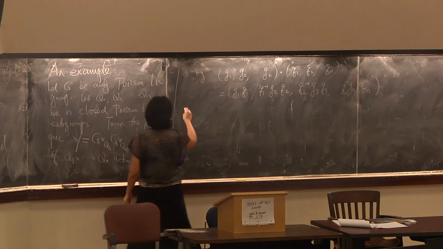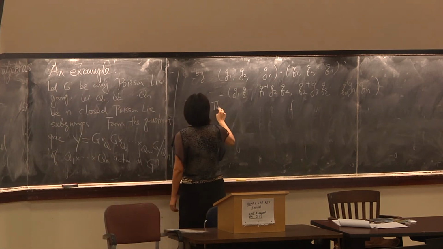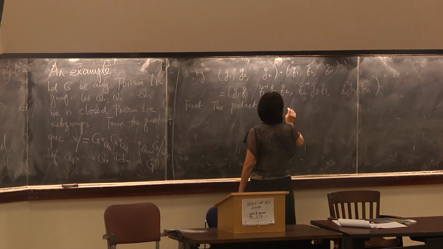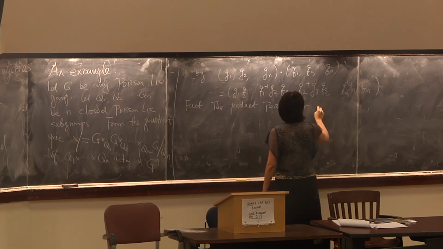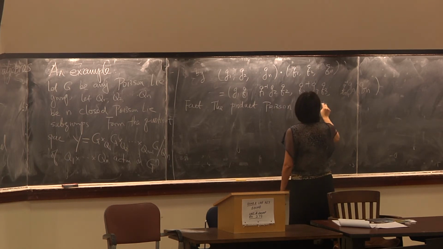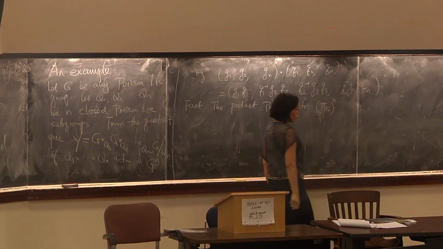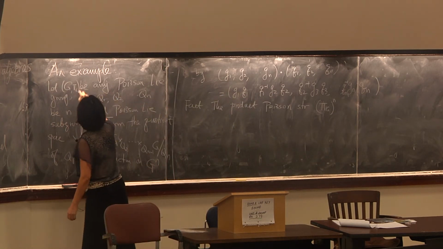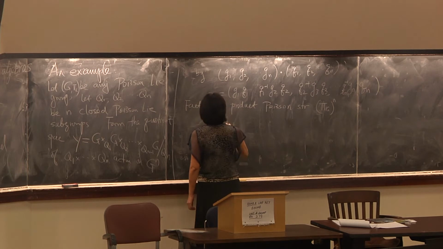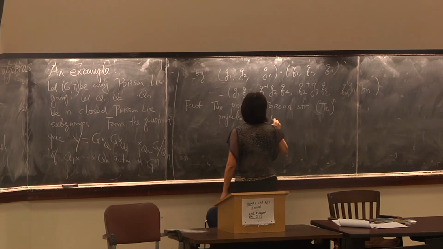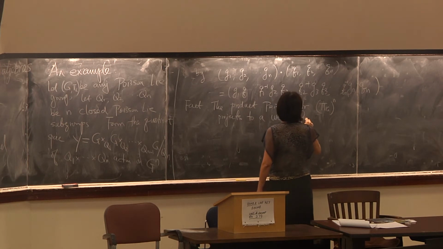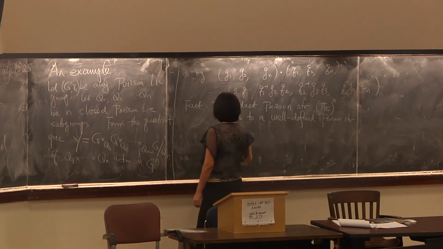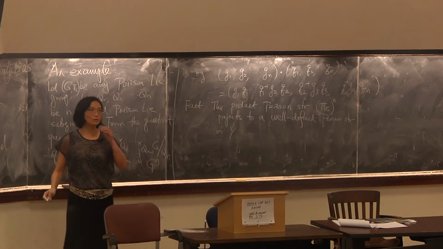And then the fact is an easy fact that the direct product Poisson structure on G, where the Poisson structure on G is pi G, projects to a well-defined Poisson structure on this Y. Okay, this is an easy thing to prove.